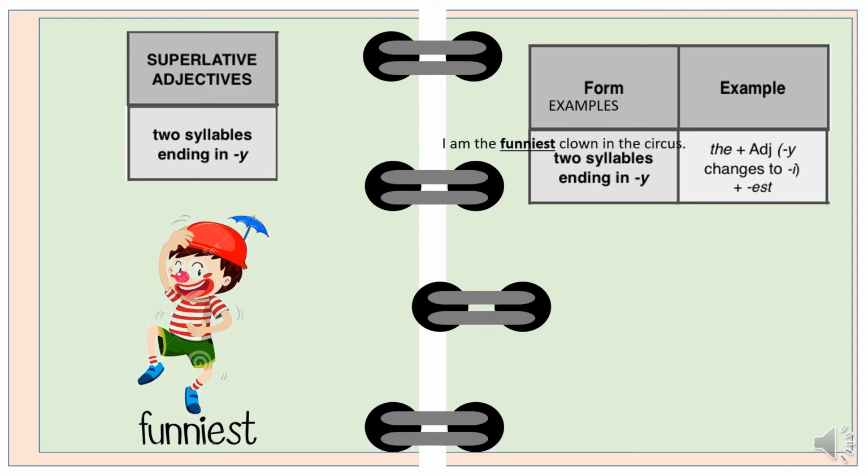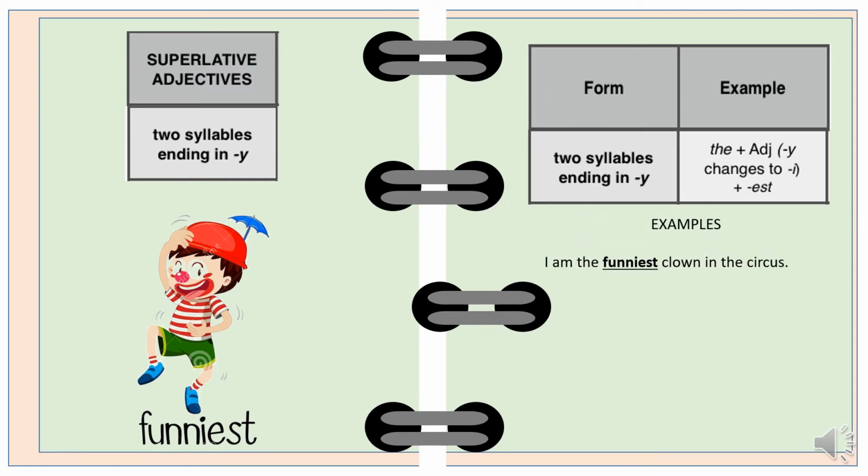Okay, guys? Now let's go to example number one. I am the funniest clown in the circus. Funniest. Funny ends with y. Remember? And it has two syllables. We remove that y. We change it for the i, and then we add est. Okay, and then we make it a superlative adjective.